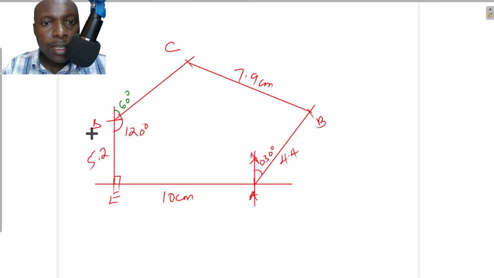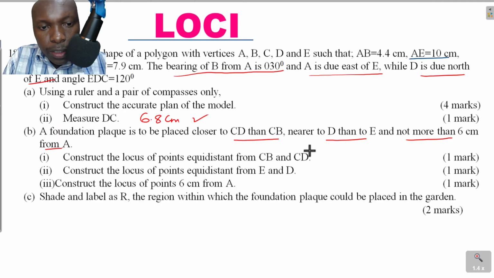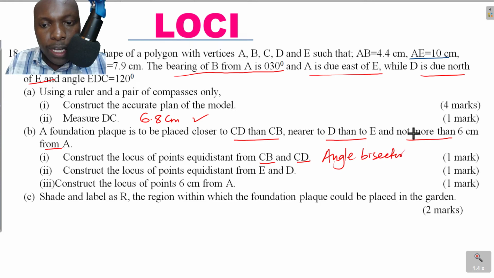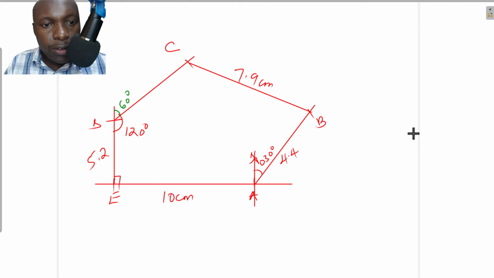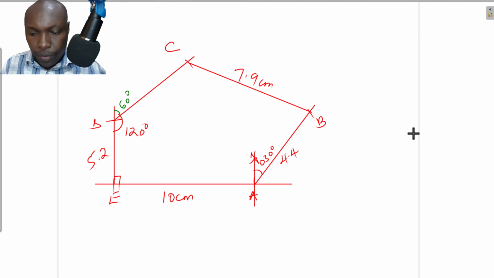That locus is drawn by constructing the angle bisector between the two lines. You identify the angle between the two sides, CB and CD, and then bisect that angle. The angle is DCB.